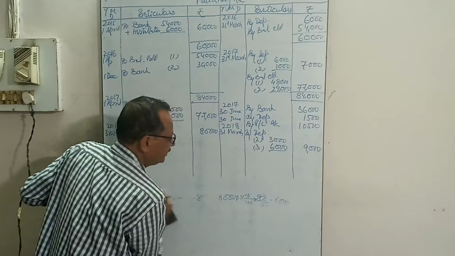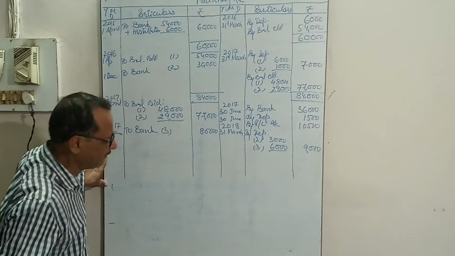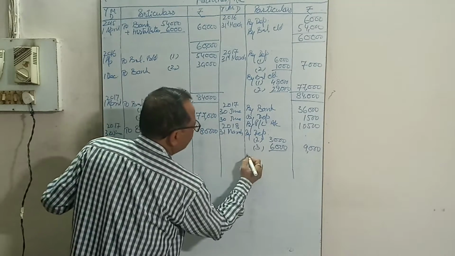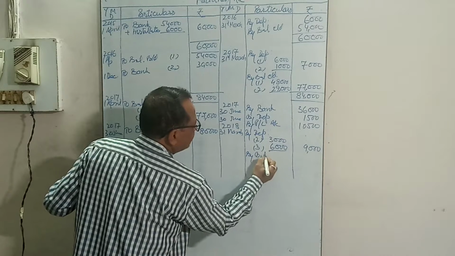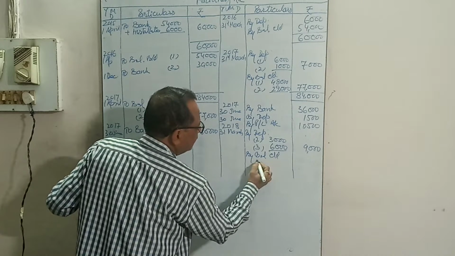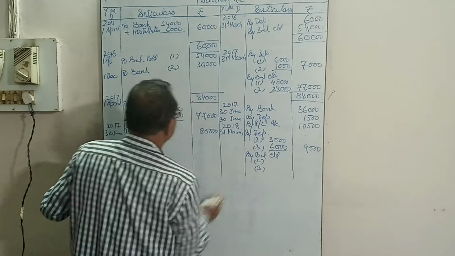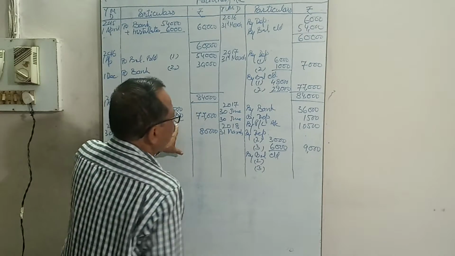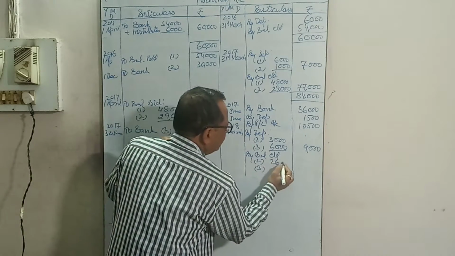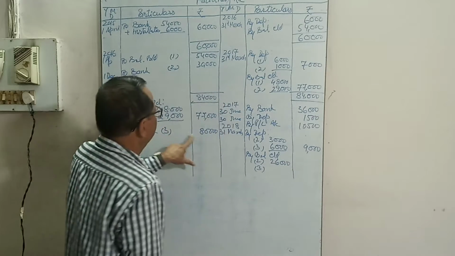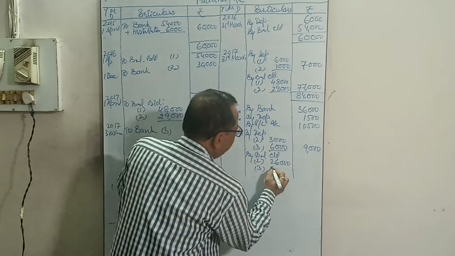See this balance at the end of the third year. By balance carried down. Second machine and third machine. Second machine 29,000 minus 3,000, 26,000, and 80,000 minus 6,000, 74,000.